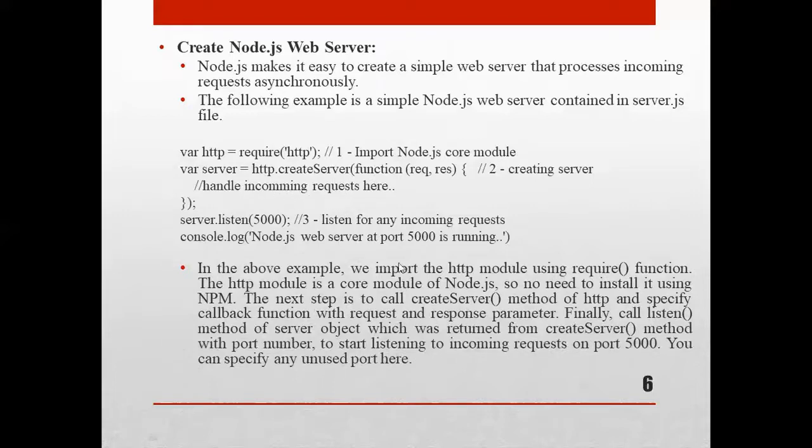Then the next step is to call the createServer method of HTTP and specify a callback function with request and response. Finally we have to call the listen method with the port number to start listening to incoming requests on that port number, 5000. Here we can specify any unused port. This is the way we can create a Node.js web server.